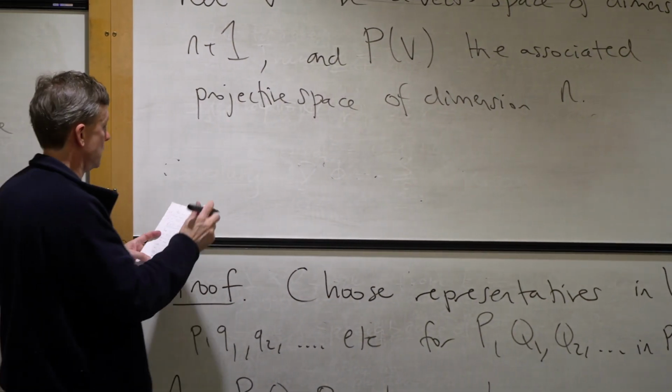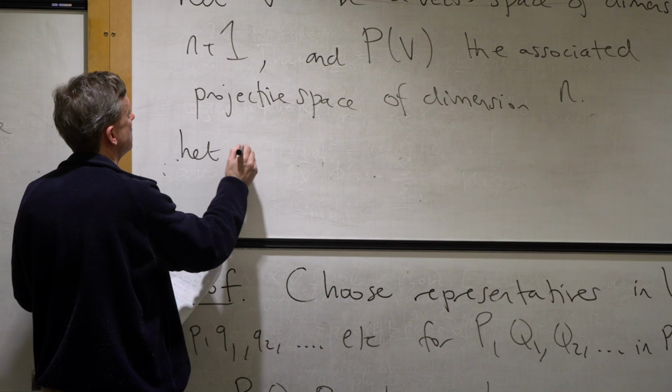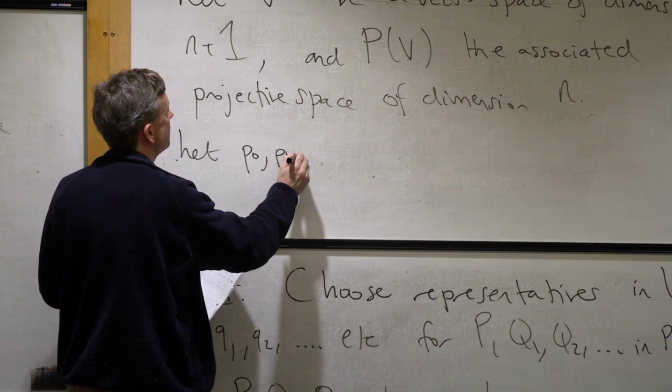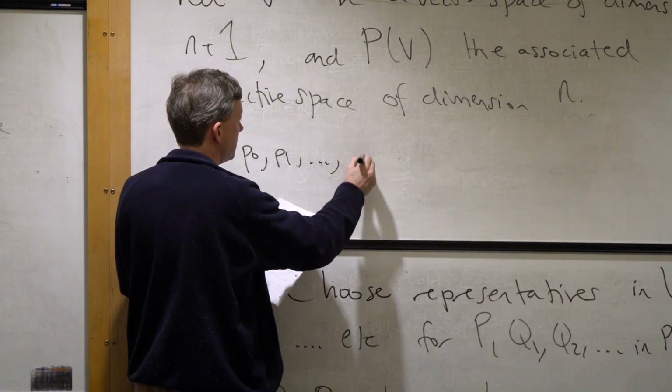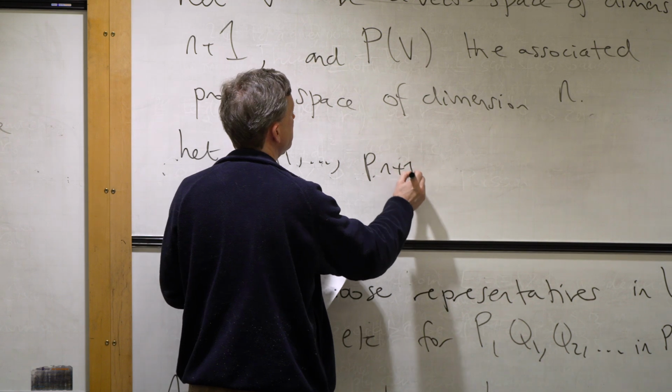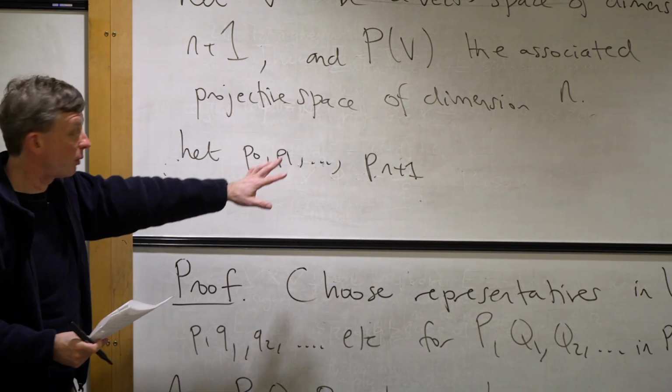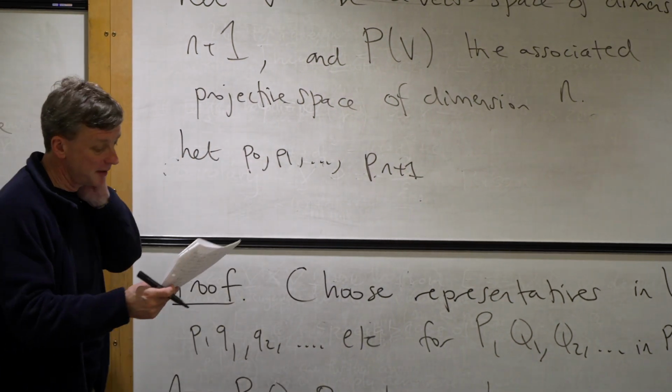So let's take little p0, p1, all the way up to p n plus 1. So total n plus 2 points, numbered from 0 up to n plus 1.